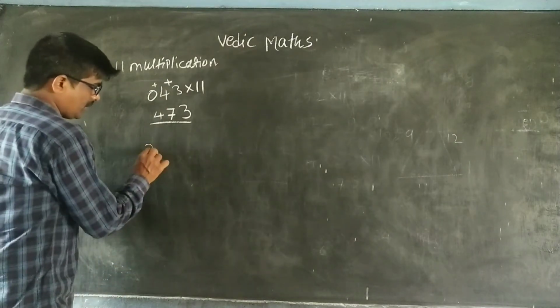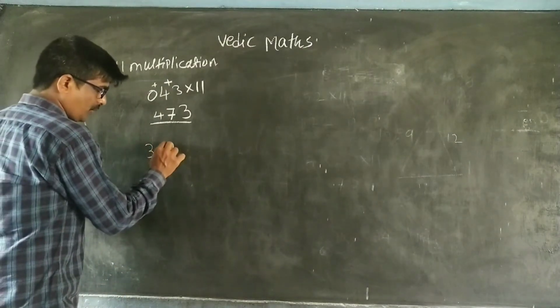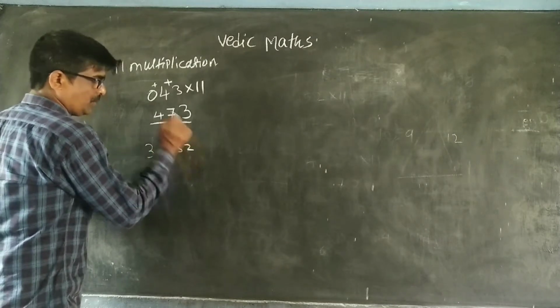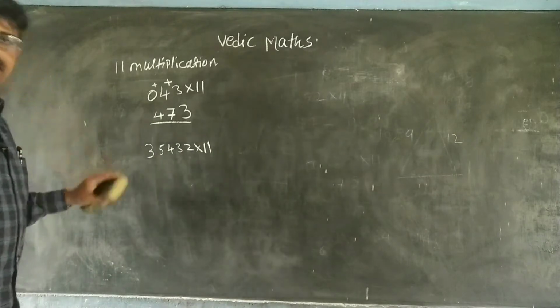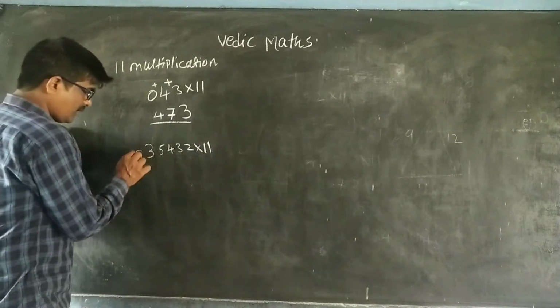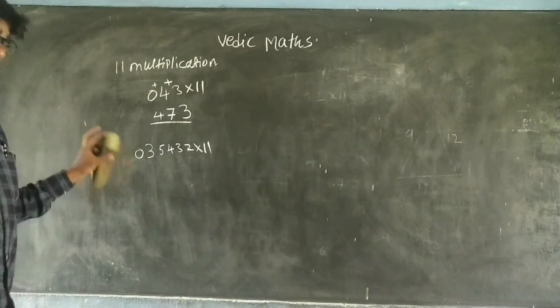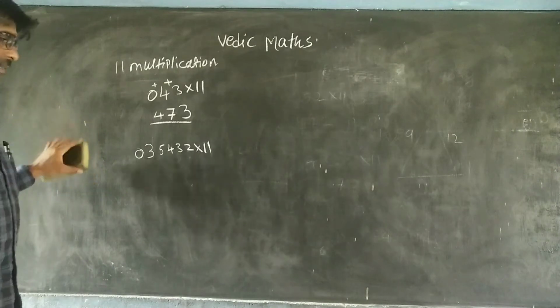So again, I am taking 1 3 4 5 4 3 2. I am taking a 5 digit number, multiplying with 11. Sometimes some members write the zeros, some don't write. No problem.